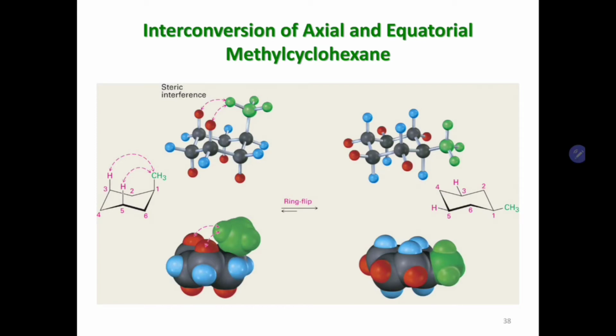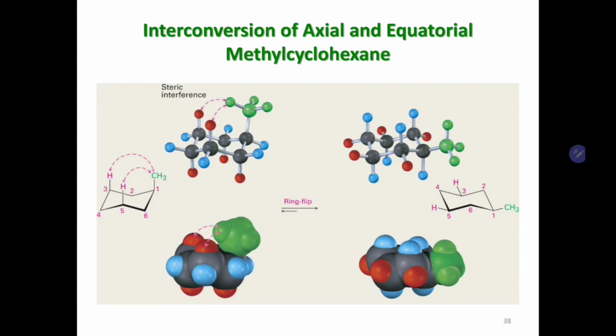So if you consider a methyl group that is on the number 1 carbon, of course this is in the axial position. Why? Because it is pointing up, and this carbon is also pointing up. So this is an axial carbon, and the methyl group is axial.